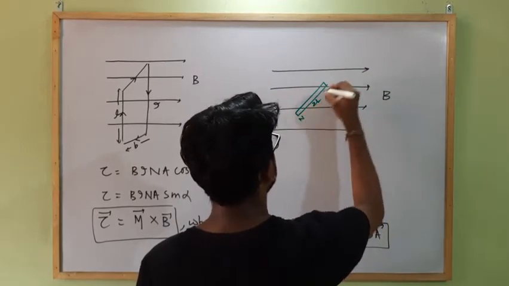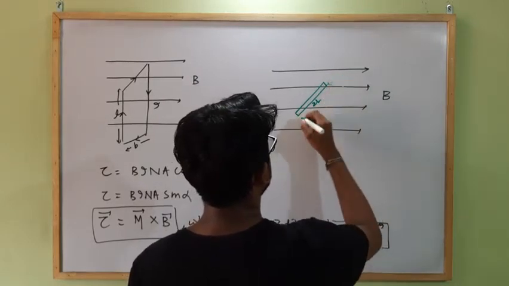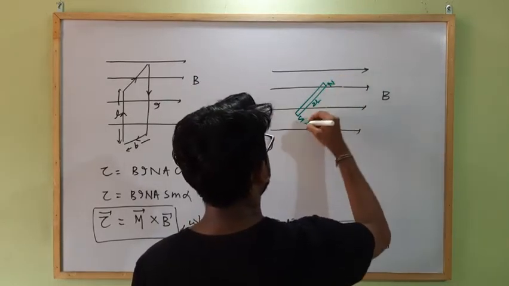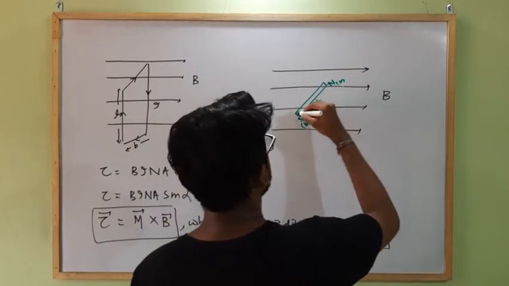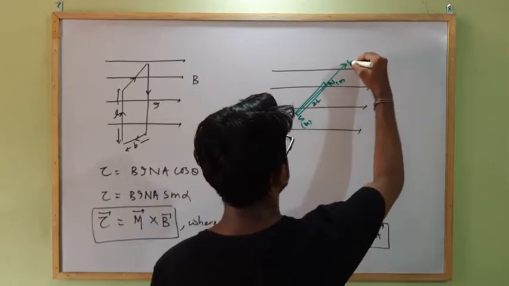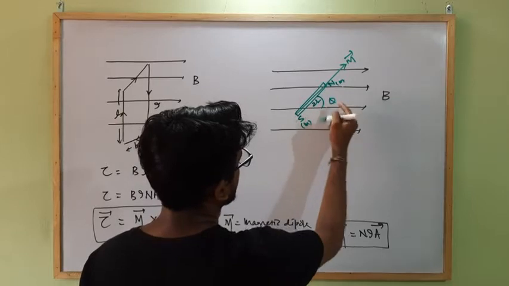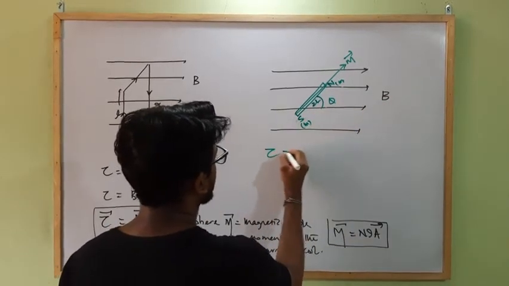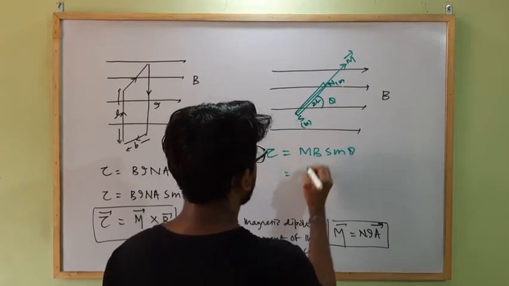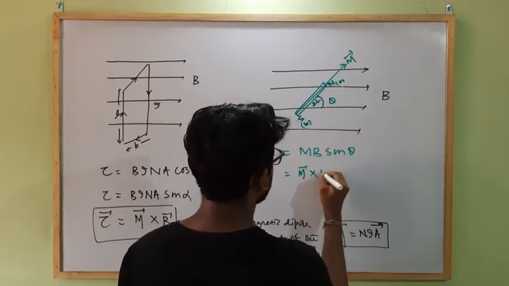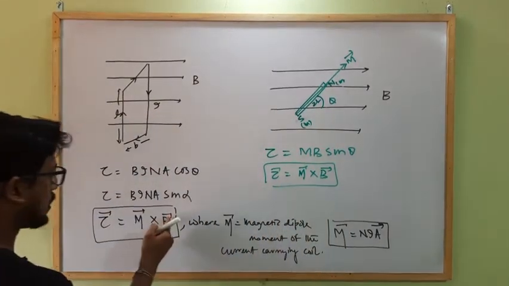This is the north pole, this is the south pole, or this is south pole, this is north pole, having pole strength both the same, M. Then the dipole moment direction is from south to north along this direction, and if this M vector makes an angle theta with the direction of B, we already discussed that tau equal to MB sin theta, or this can be written as M vector cross B vector equal to tau, which is the same as this relation.